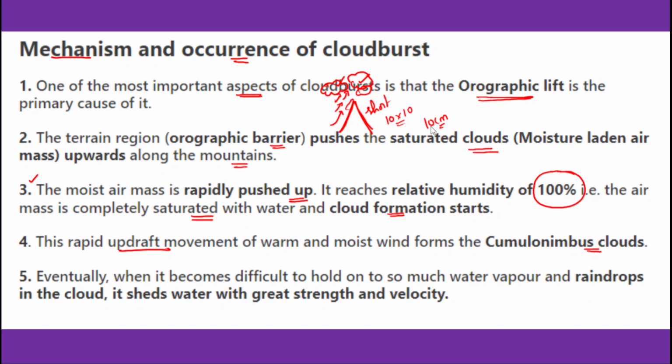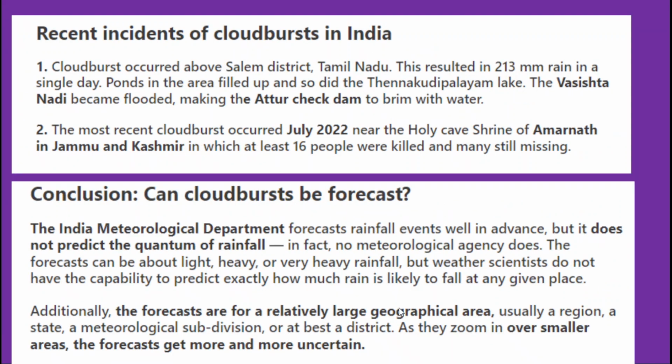This intense rainfall through steep slopes would result in massive destruction. It sheds water with great strength and velocity, making the movement of water down the slope very aggressive. That creates huge destruction and damage to the regions where people usually live.